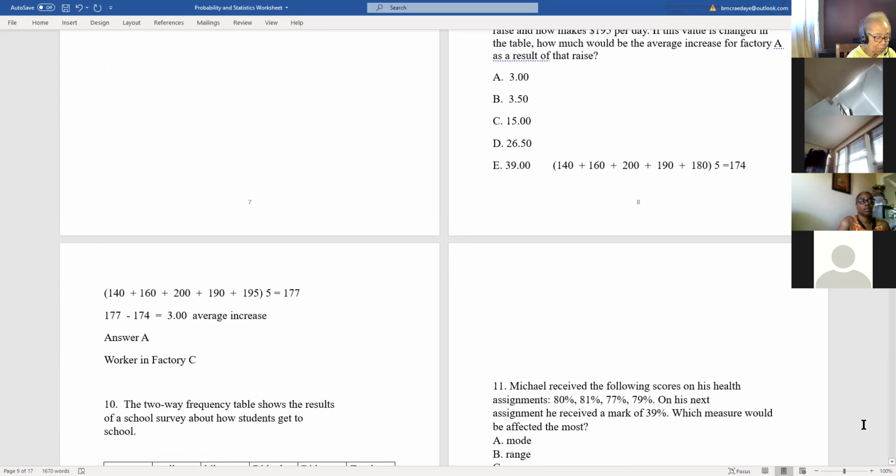Worker in factory C, 190 wage increased to 200.